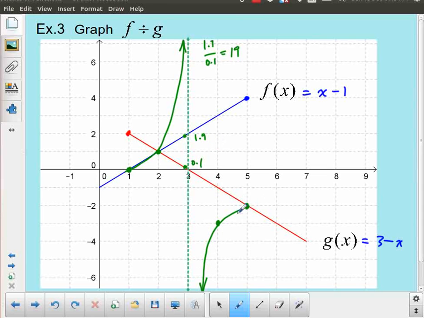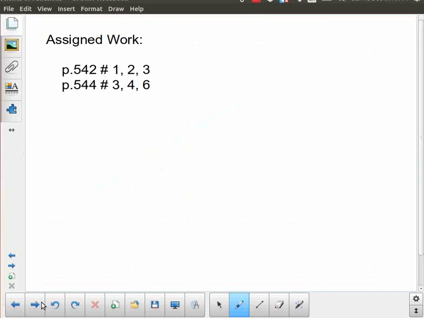Not the reciprocal, not 1 over x, but x minus 1 over 3 minus x. Let's call that h of x. And that is a rational function, and in this case it has an asymptote at x equals 3. The overall shape is the same as that very familiar reciprocal function shape that we've seen in the past. And I think that's it for this lesson.